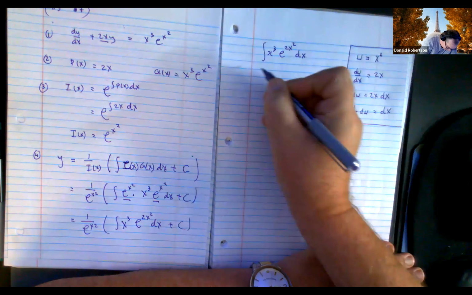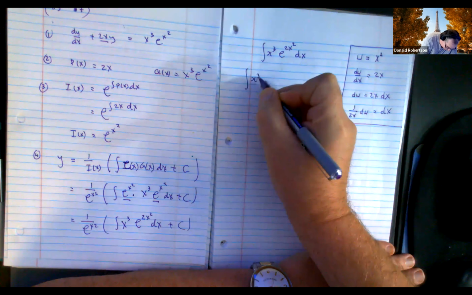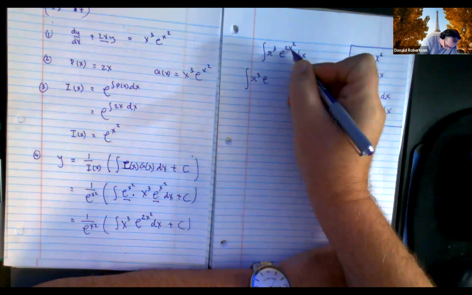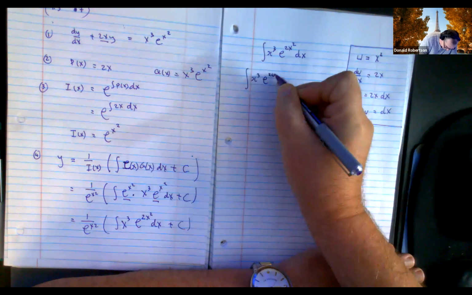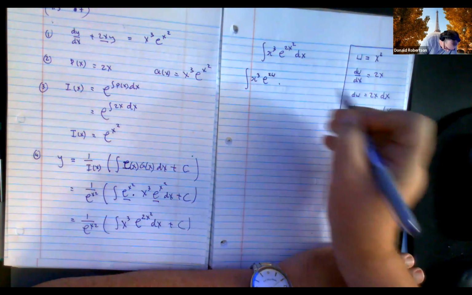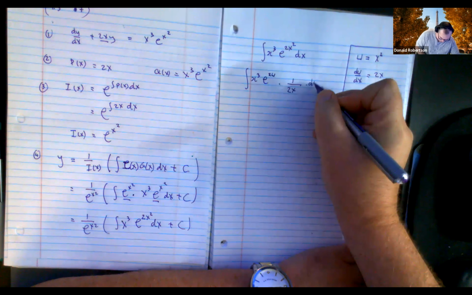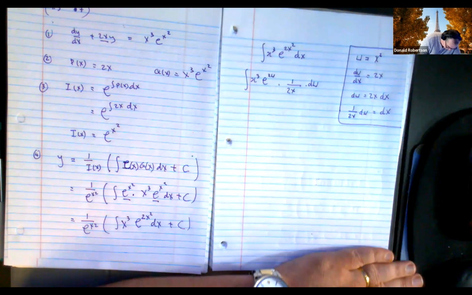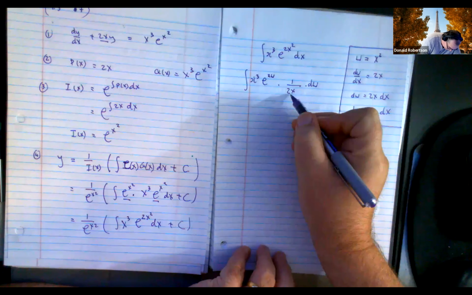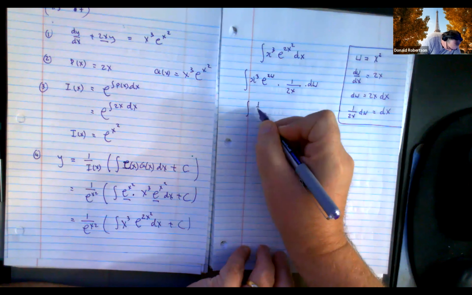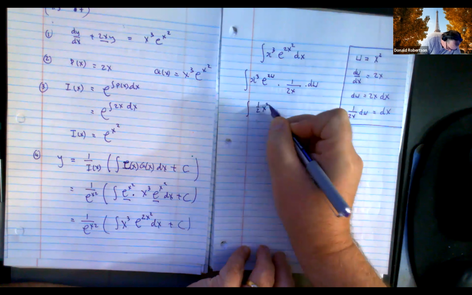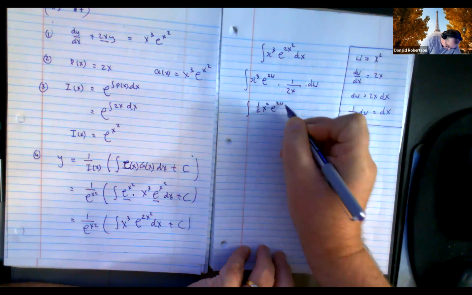And so I have an x cubed. 2x squared becomes 2u. And the dx becomes 1 over 2x du. And these cancel, but only partially. And now I have 1/2 x squared e to the 2u du.